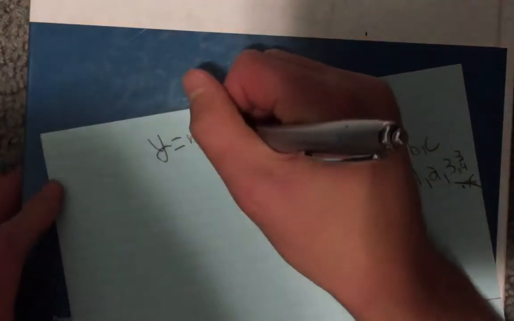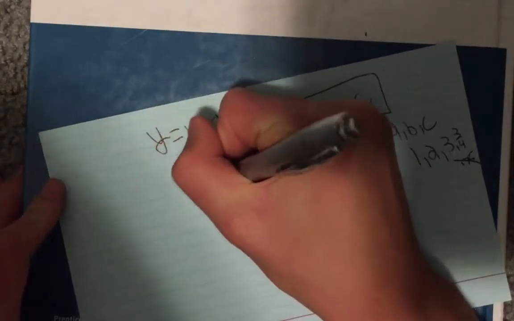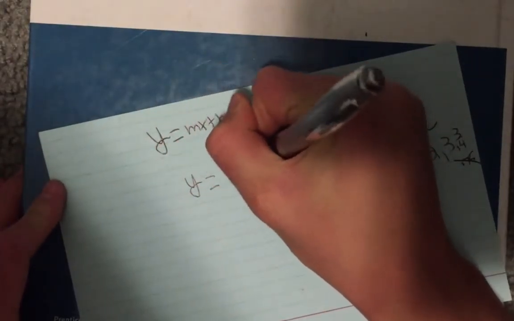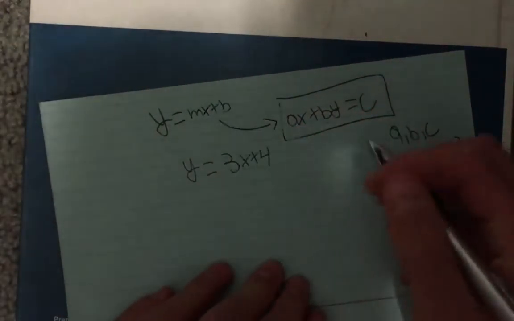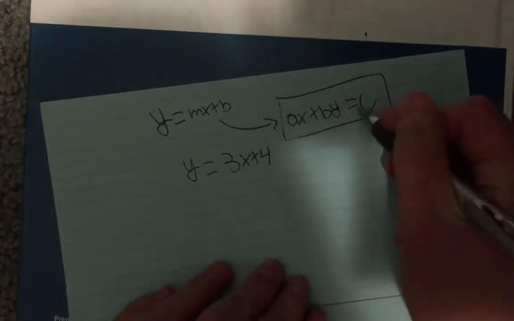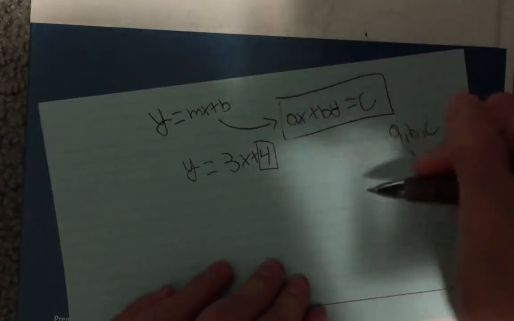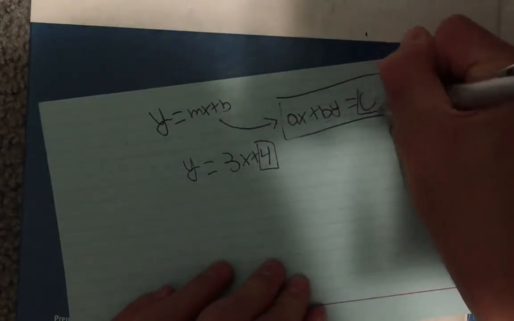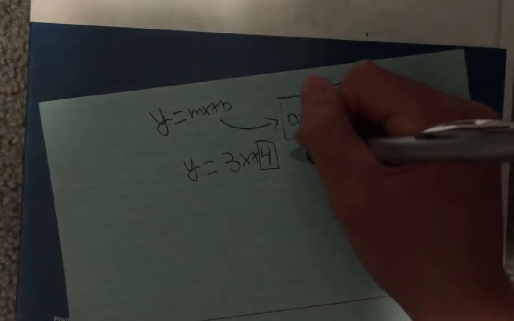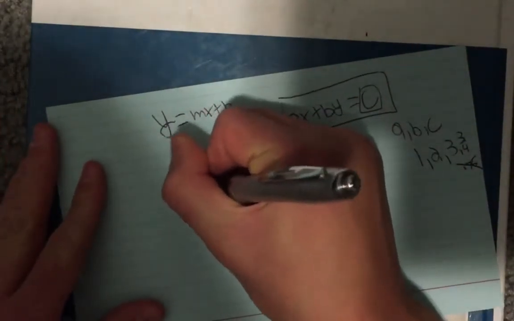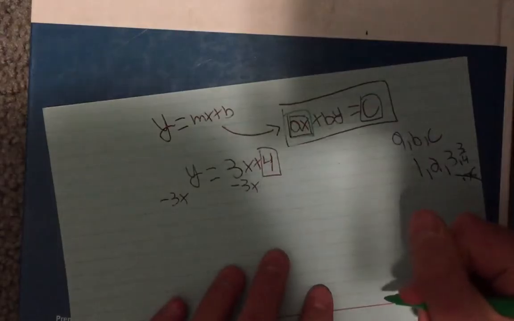So what you want to do, for example, let's just say y equals 3x plus 4. So you want to get c, which is this, all alone. So that's c. So what you do is you subtract 3x, and your x right here has to be positive.